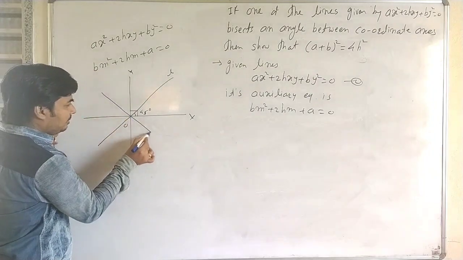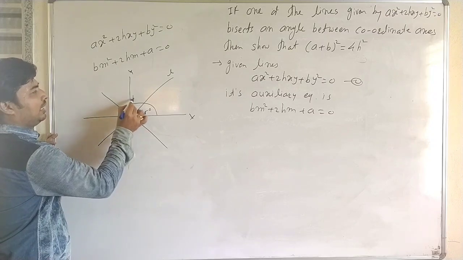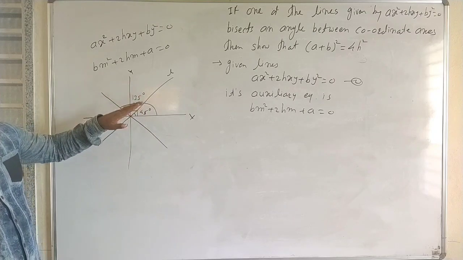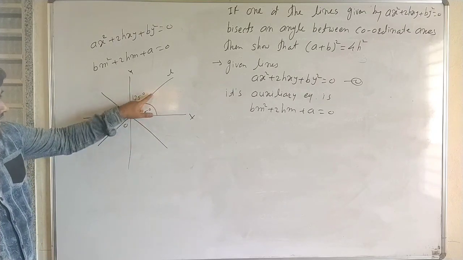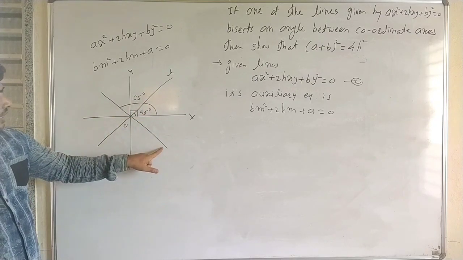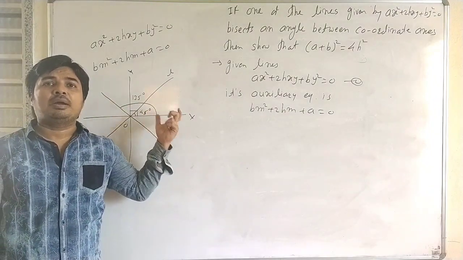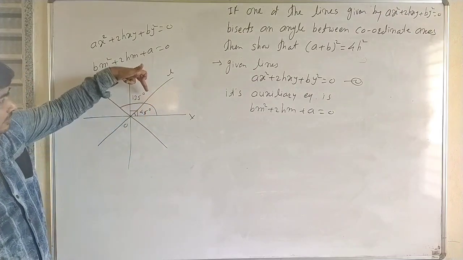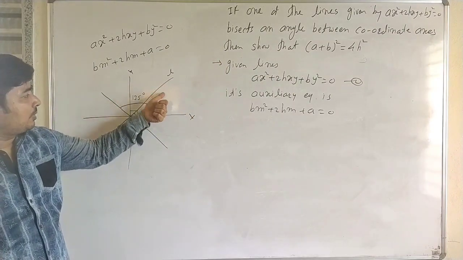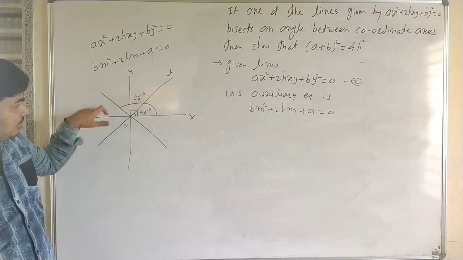If the line bisects the angle between the second and fourth quadrant, then the angle is 135 degrees, and therefore the slope is minus 1. Here, a particular line cannot be given. It is a particular case; it may bisect the angle between the first and third quadrant, or the second and fourth quadrant. Here maybe both cases.